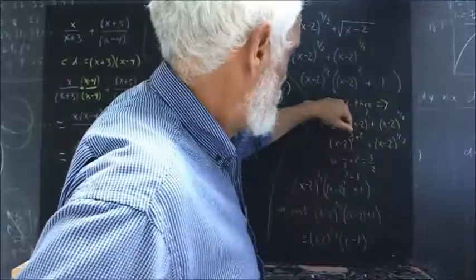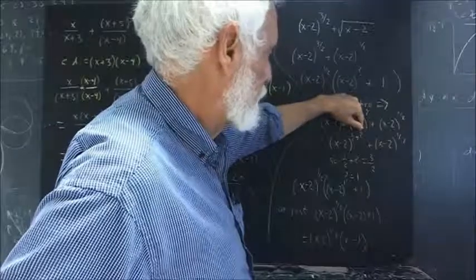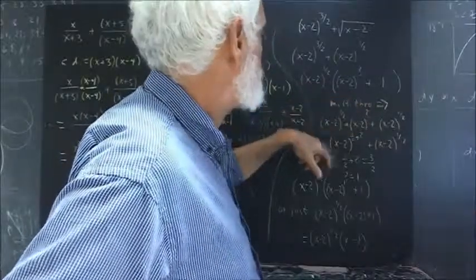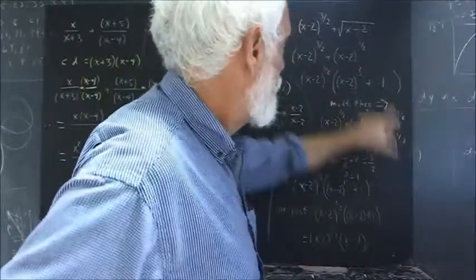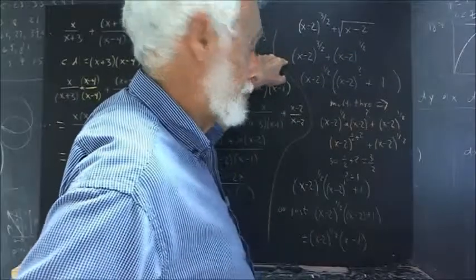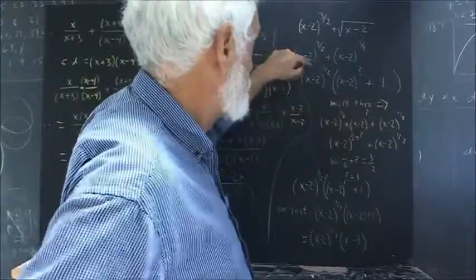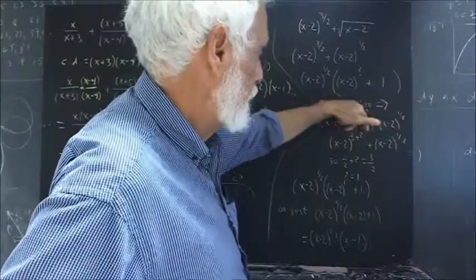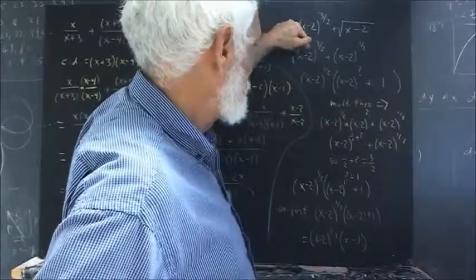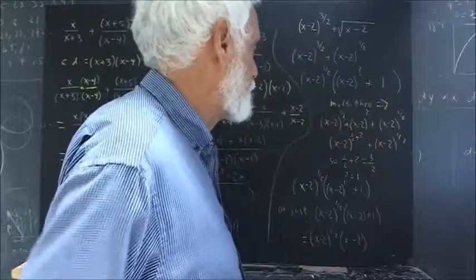Okay, so what is the whatever? Well, this has to be our original expression. So x minus 2 to the 1/2 plus the question mark has to be x minus 2 to the 3 halves.